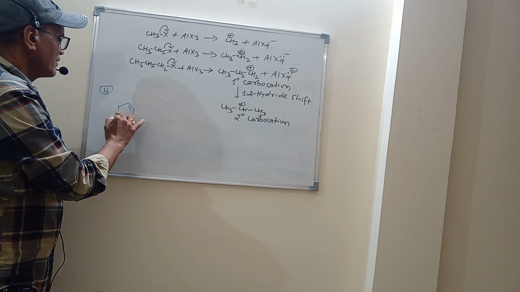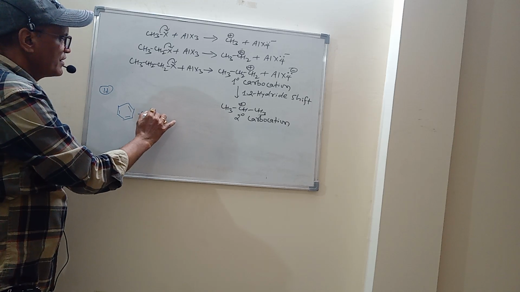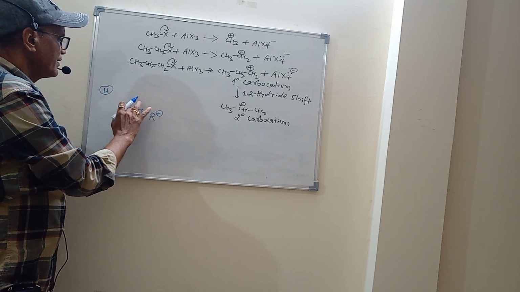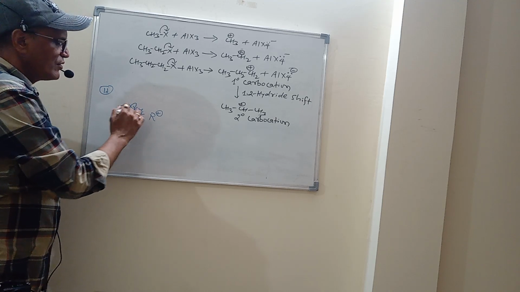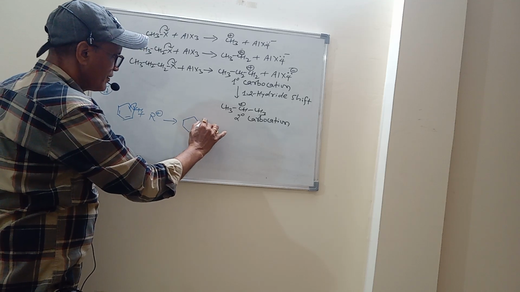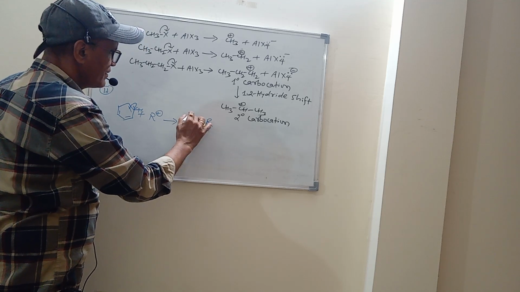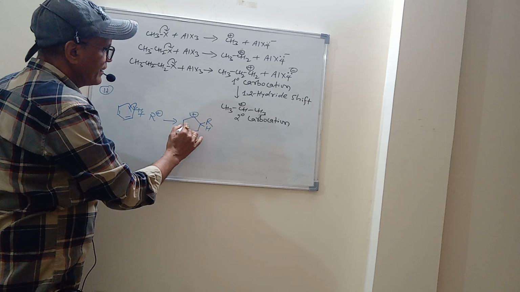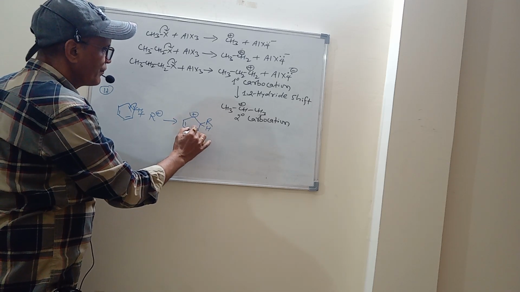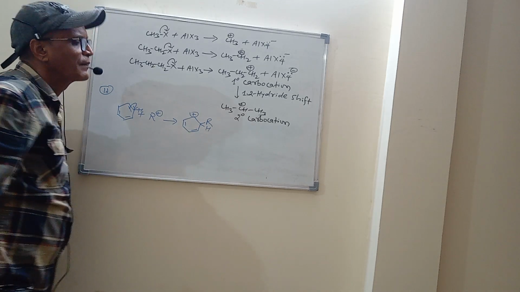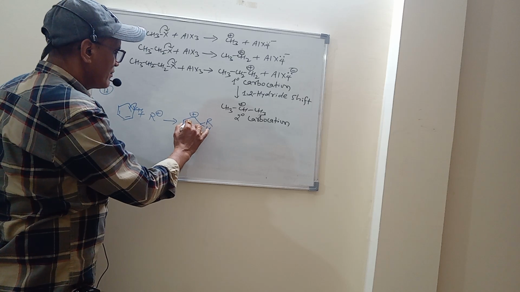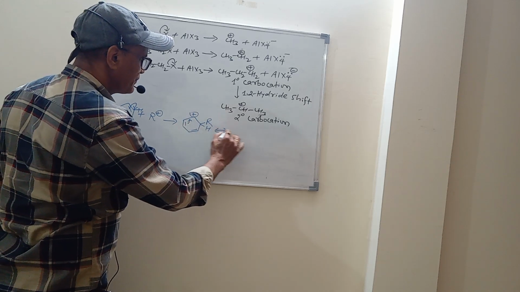That is, for simplicity we can write R+ only, here H is, this pi bond will be shifting here, and we have this intermediate in this case. Again, this can be stabilized by resonance.